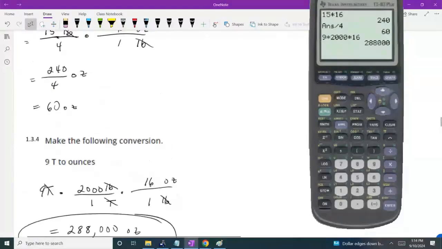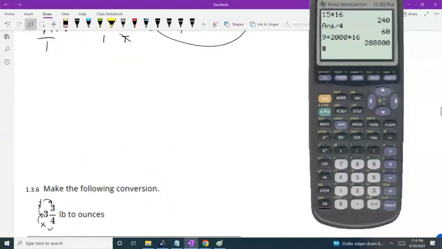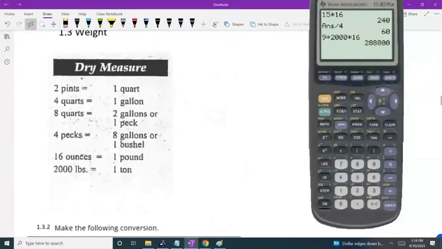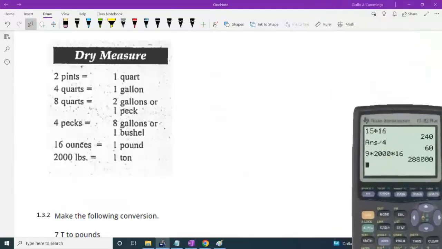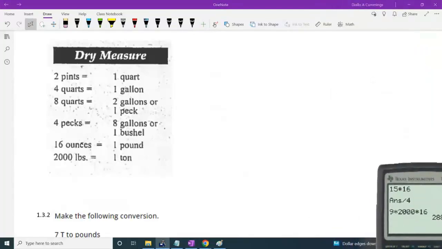Now I could make a conversion on this formula sheet, okay? So I'm just going to write out a rule that converts tons to ounces. So over here on the side, I'm going to convert 1 ton to ounces.